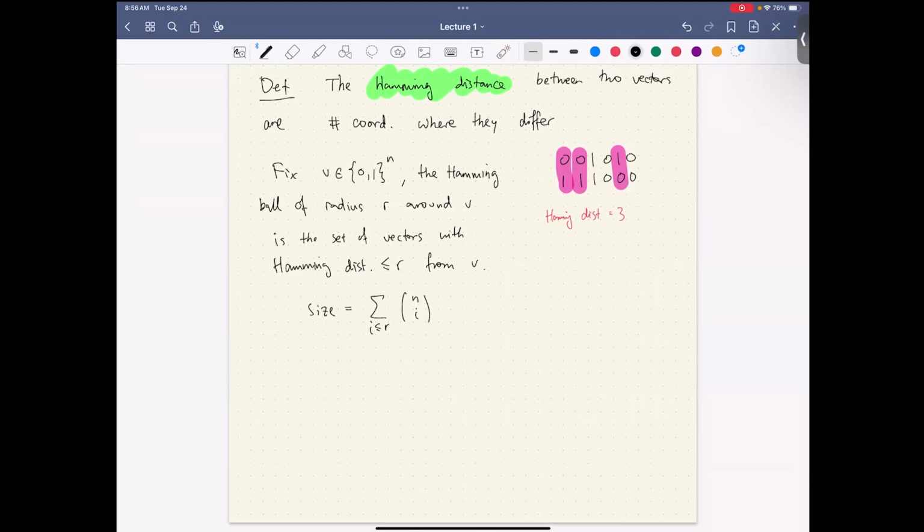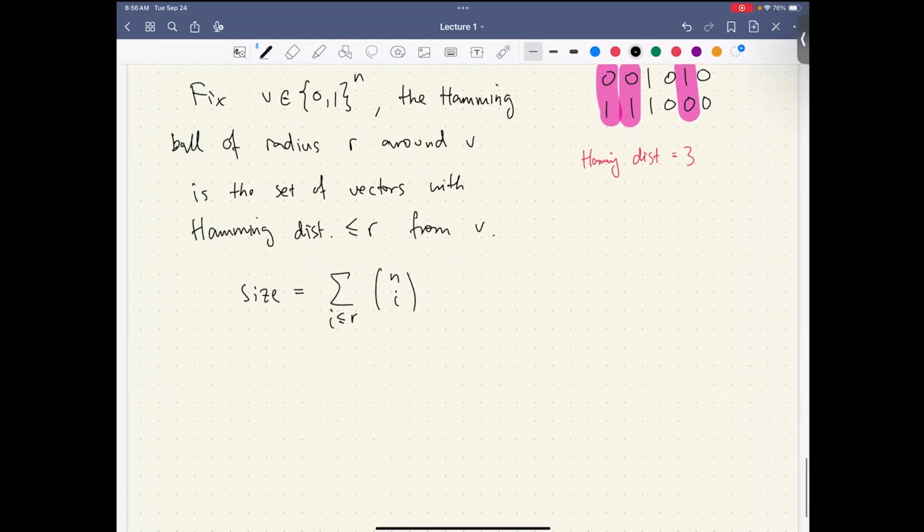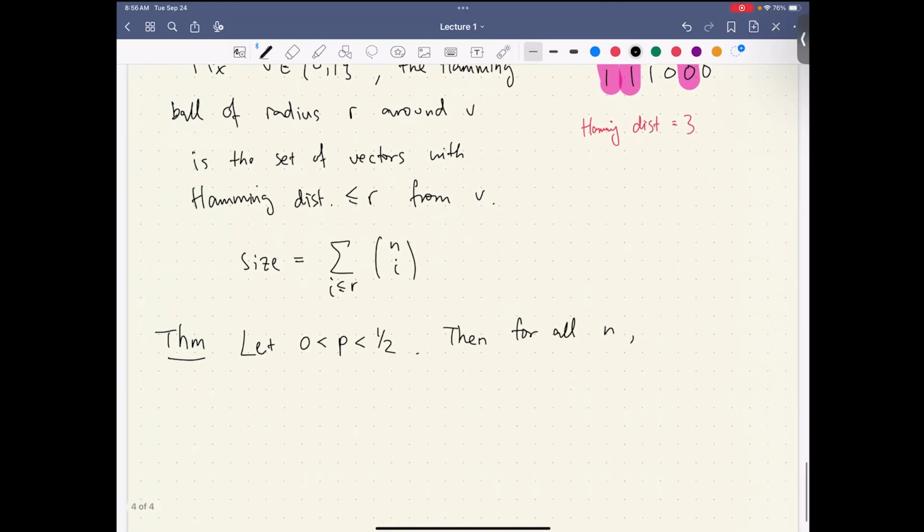This is the theorem. Let p be between 0 and 1/2. Then for all n, the Hamming ball of radius pn, the sum of n choose i, is at most 2 to the h(p) times n.